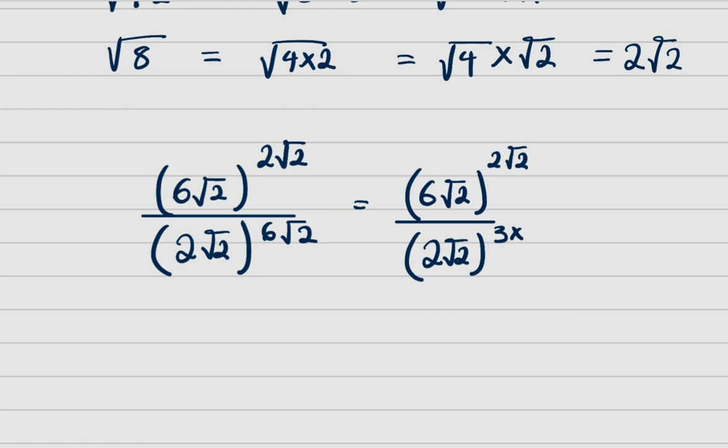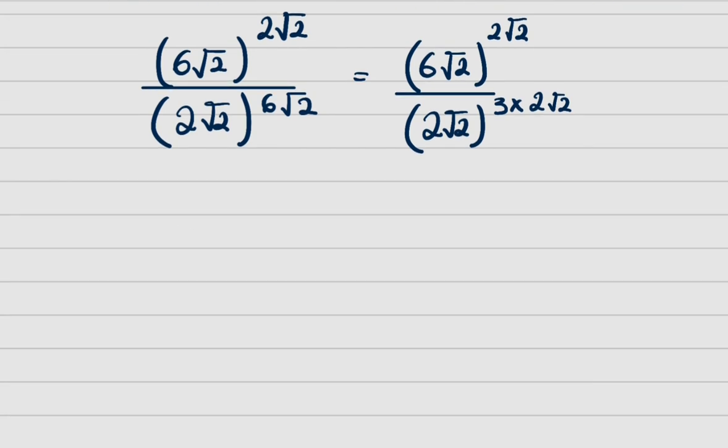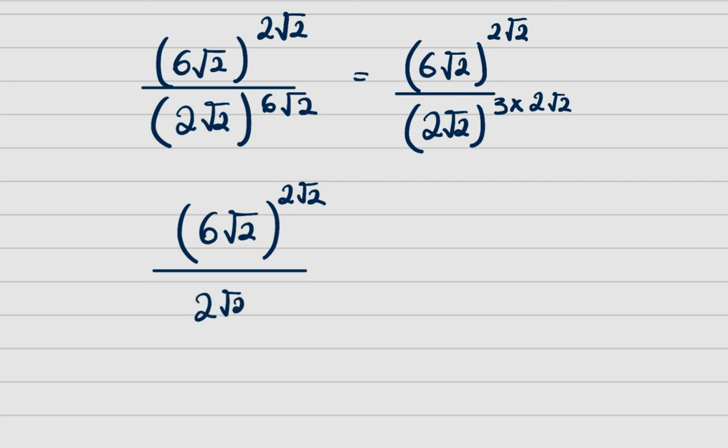It is 3 times 2 root 2. Now I can go ahead to write it as 6 root 2 all raised to power 2 root 2, then all over 2 root 2 raised to power 3 all raised to power 2 root 2.